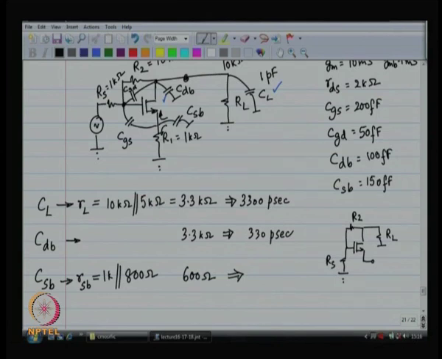And 600 ohms, 150 femtofarads, probably give me 90 picoseconds. All right, so we are going to stop here.